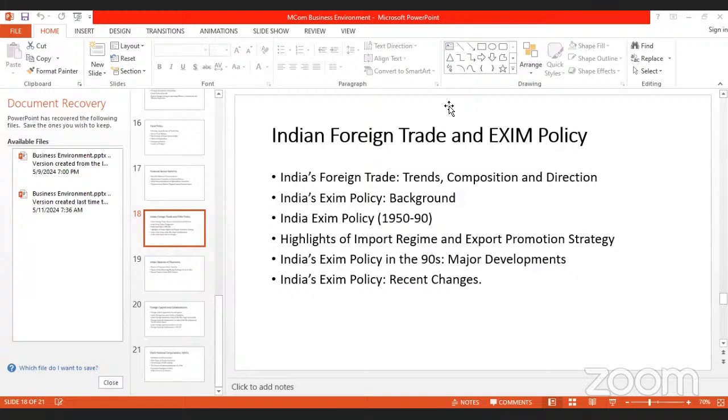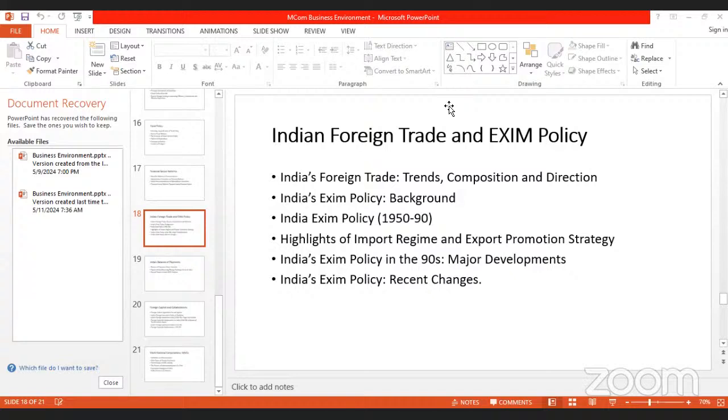Next, we will study India's EXIM policy background. So how did this export-import policy come into existence? Well, India's export-import policy is formulated by the Ministry of Commerce and Industry, primarily through the Directorate General of Foreign Trade, that is DGFT.